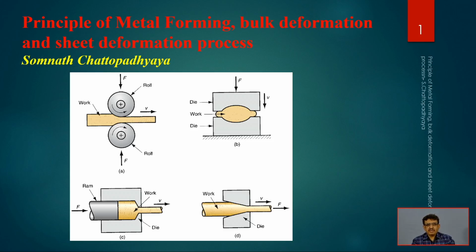So all over the world, engineers have to learn the manufacturing subjects, and very specifically the metal forming process, because a lot of products are coming out of those metal forming processes.